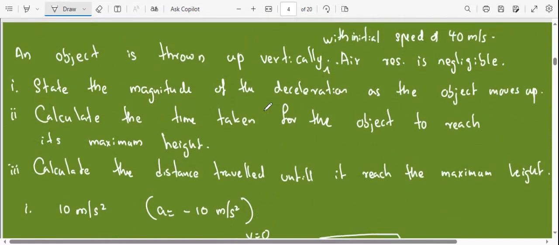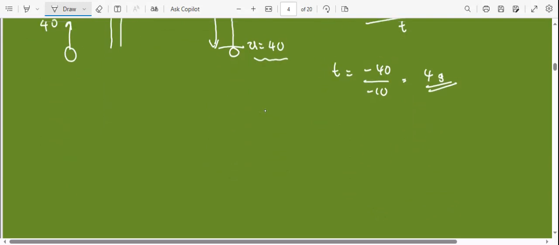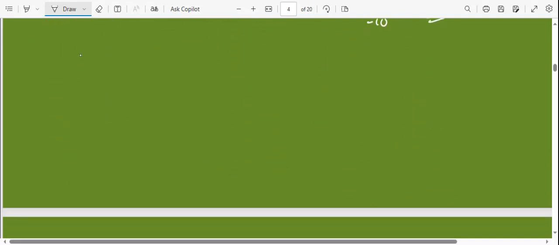it says calculate the distance traveled until reaching maximum height. That means simply this maximum height is what we are trying to find, right? To find that, we can use the second equation we discussed, v squared equals u squared plus 2as, at the highest point. The final speed is 0, initial speed is 40 squared, plus 2 into acceleration, which is minus 10, into the distance traveled, right?